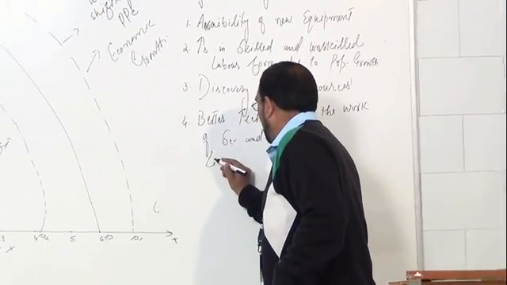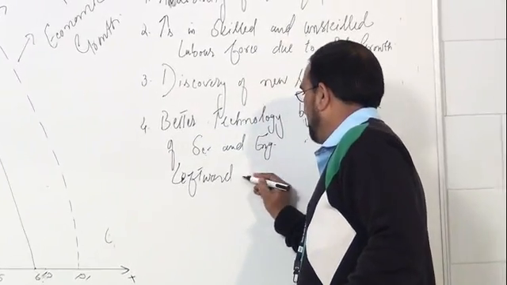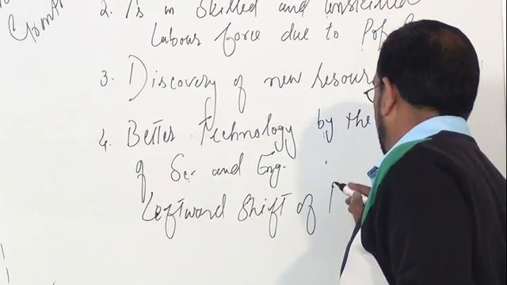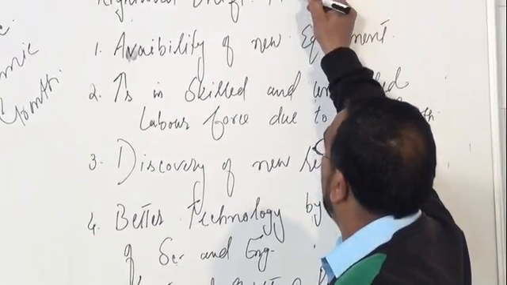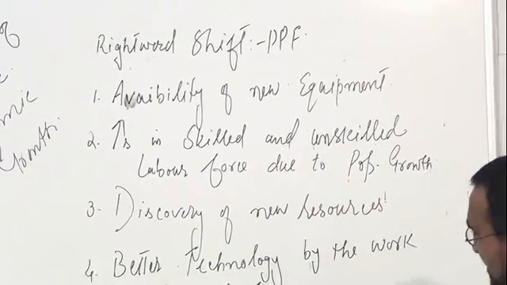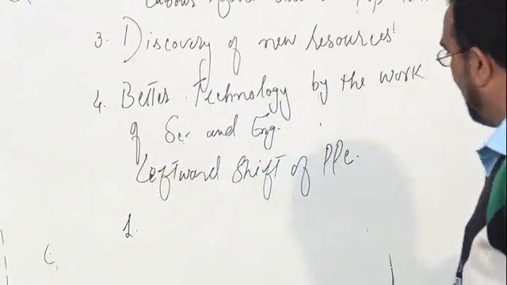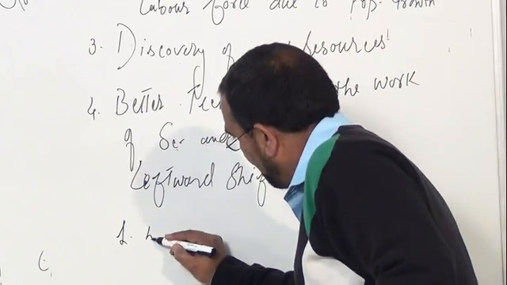Now, the leftward shift of the production possibility curve, or production possibility frontier, as it is also called. Even some economists are of the view that it is also known as the transformation line. Okay, the first one is wear and tear.